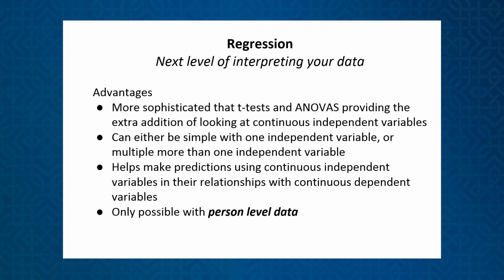And you can look at whether items in an instrument are being interpreted and reacted to similarly across groups when you do invariance testing. So there's a whole suite of possibilities that come out of path analysis, multi-level modeling, and structural equation modeling that can take you to that next level of interpreting your data.